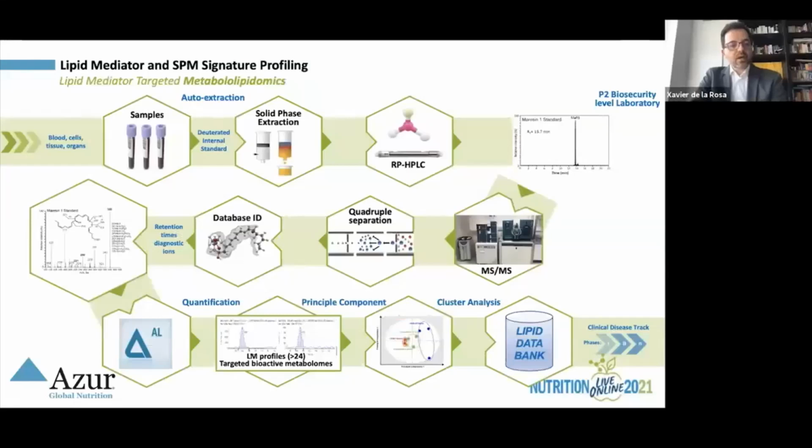So today, more and more labs in the world are incorporating targeted lipid mediator metabolipidomics, which allows us to profile tissues and fluids in order to determine the lipid mediator profile and quantify its lipidic content. For example, we are building a database where we can store different profiles of organs in order to study for future clinical trials.